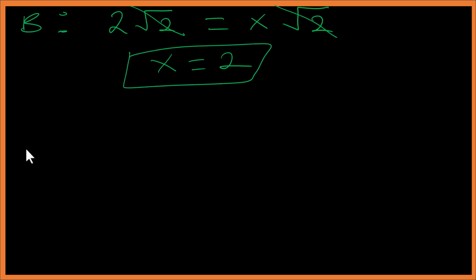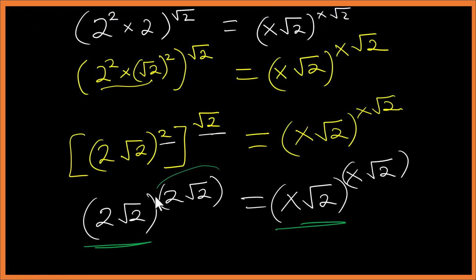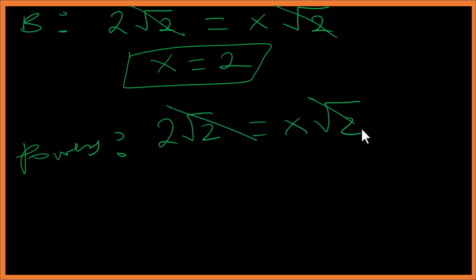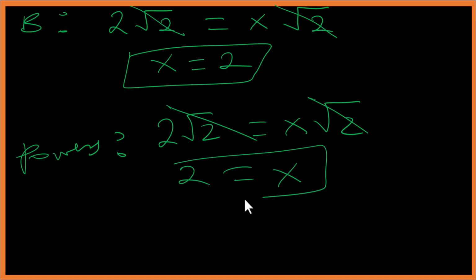Okay, so let's look at the powers as well. The powers also remain the same, 2 times square root of 2 equals x times square root of 2. And if this one will cancel again, I will have 2 equals x. So whichever way you get x to be 2.